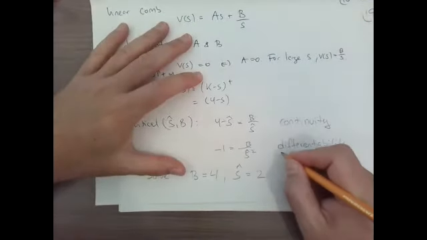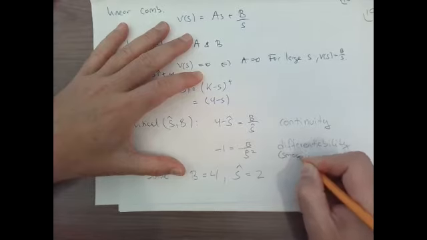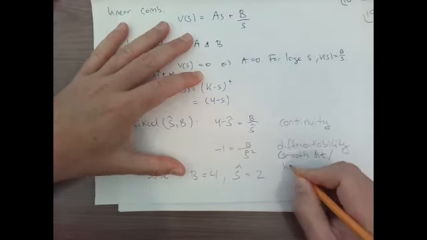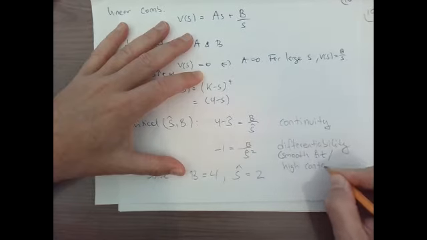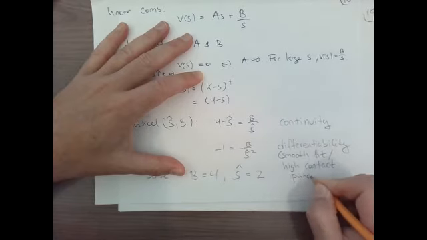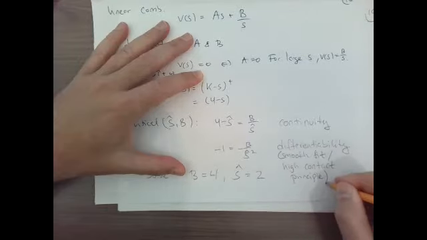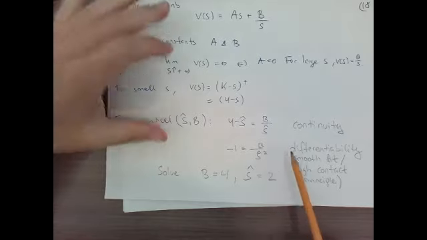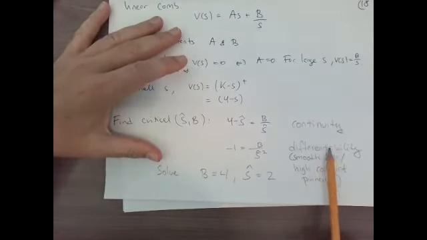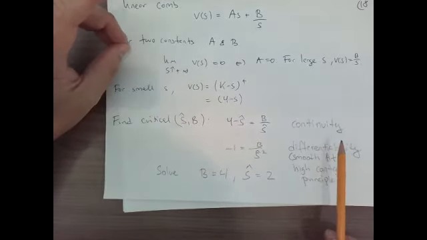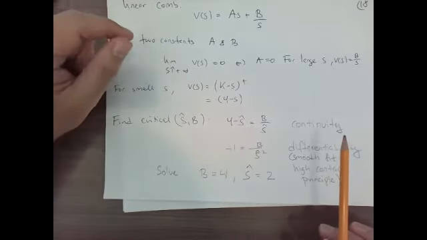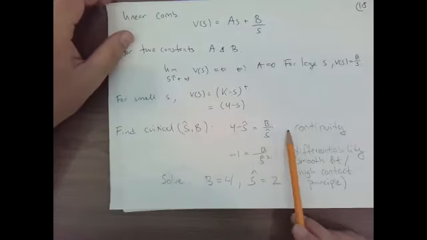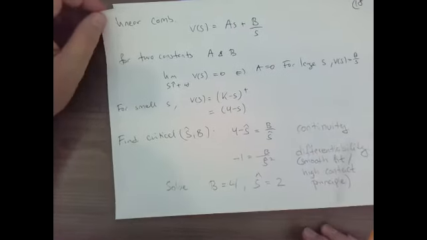The last part, this differentiability, is called smooth fit. It's also sometimes called the high contact principle. In this particular example, this holds. There is really differentiability of the value function. But it's not always true that the value function is differentiable. Here we have continuity, which is something that holds sooner than differentiability.